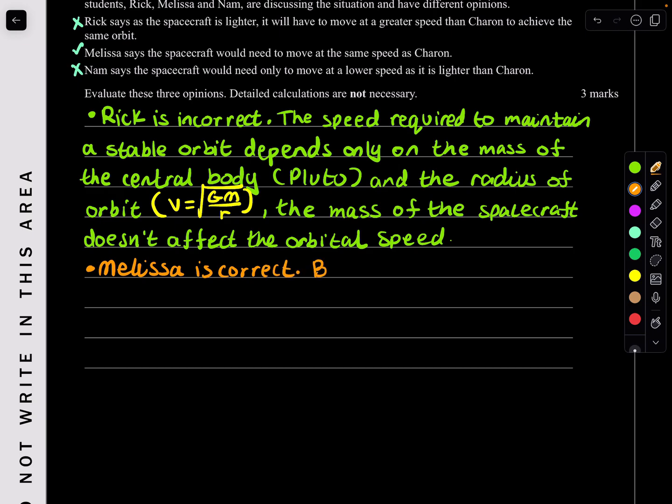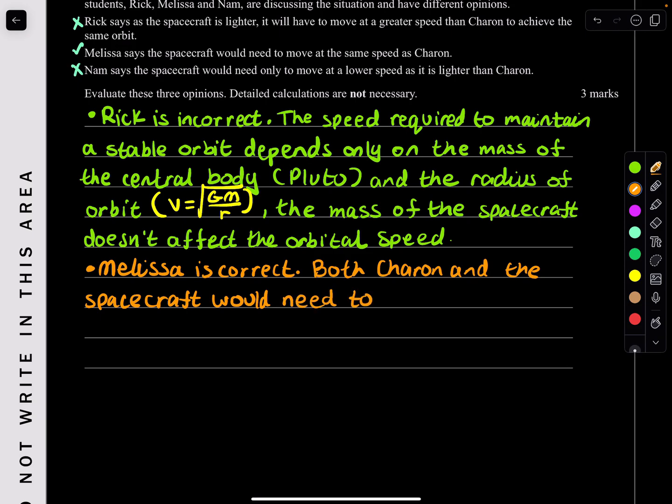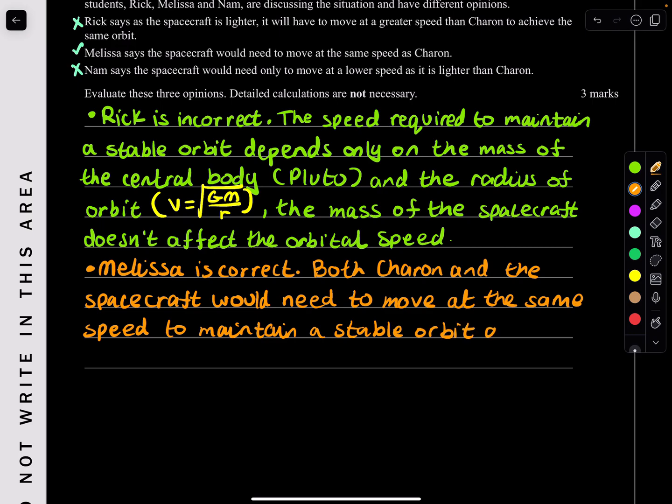So both Charon and the spacecraft would need to move at the same speed to maintain a stable orbit at the same radius around Pluto. Beautiful.